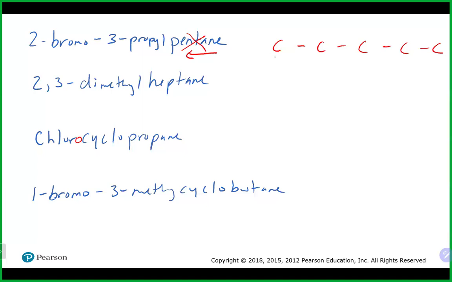I'm going to choose this one here to be carbon number 1. So that means for me, carbon number 3 is right here. And at carbon number 3, there is a propyl group, which is based off of propane, and that is 3 carbons. So I'm going to put 3 carbons up there as part of my group. That'll take care of that. And since this is carbon number 1 for me, carbon number 2 would be here, and at carbon number 2 there's a bromine there, and that would take care of that.